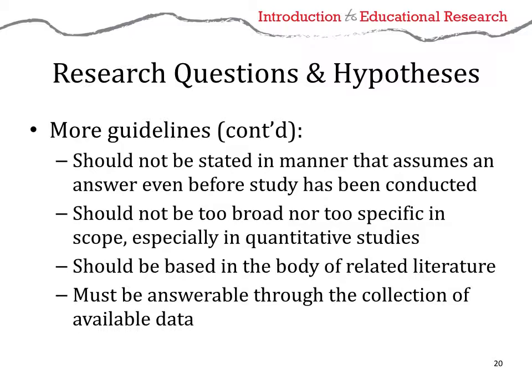It's important to base your research question on a body of related literature, especially with quantitative studies. And also, you have to think about the feasibility or the answerability of your research question. If you are asking a question, you have to match it with the type of data you're going to collect.